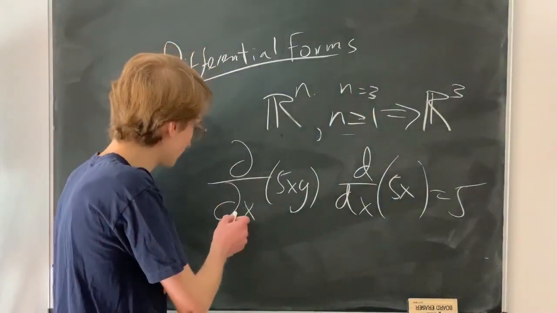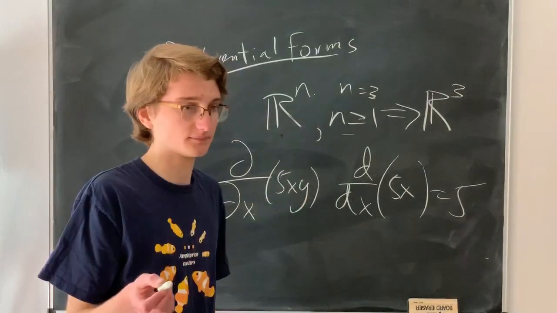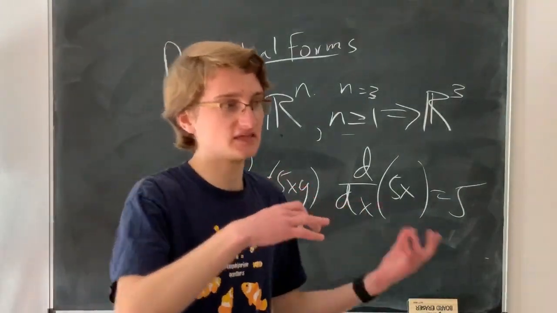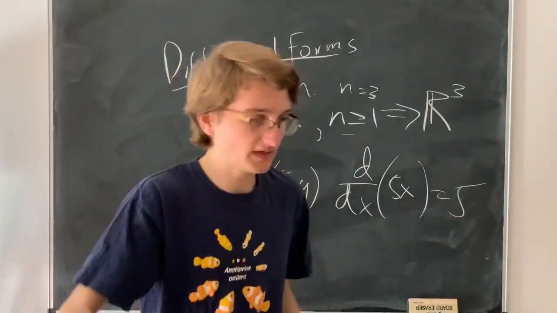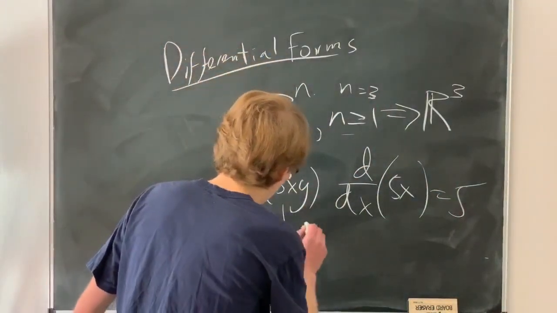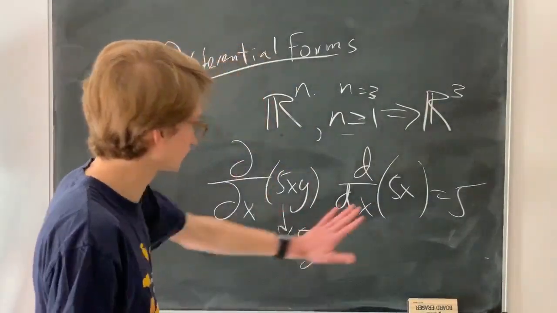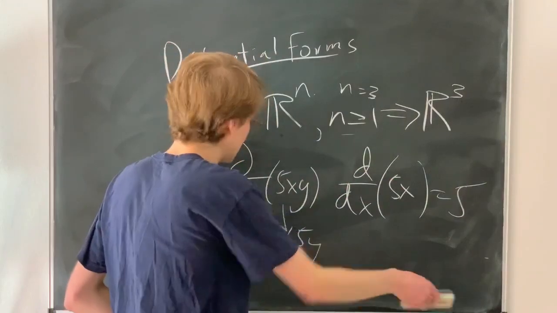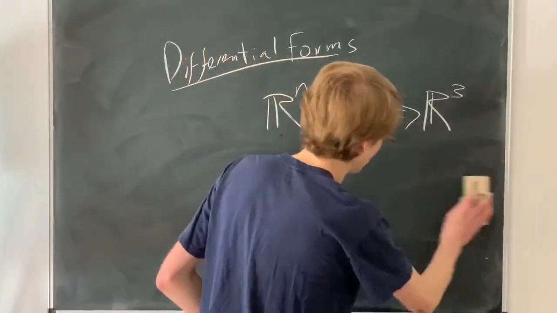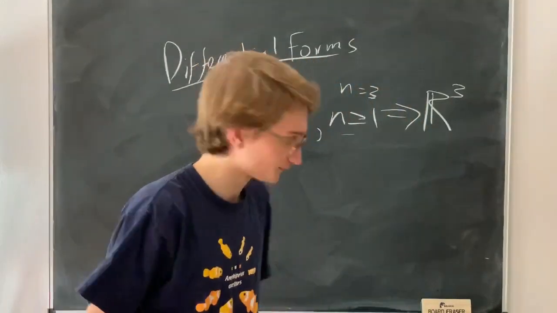I'm going to take the partial derivative with respect to x, meaning x is the variable I'm differentiating with respect to. So all other variables, I could have z's and w's and o's and p's, whatever, are treated like constants. So this becomes simply 5y. So just kind of interesting, basic partial differentiation. I mean, this is basically covering a lot of multivariable calculus in like 10 minutes. So if you're sticking with me, great job.